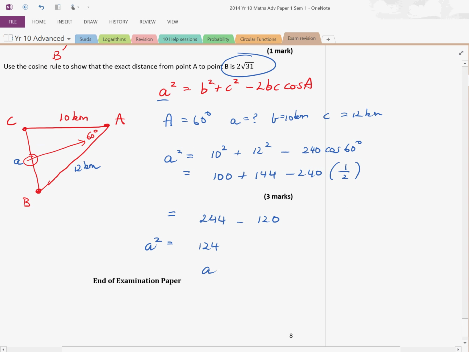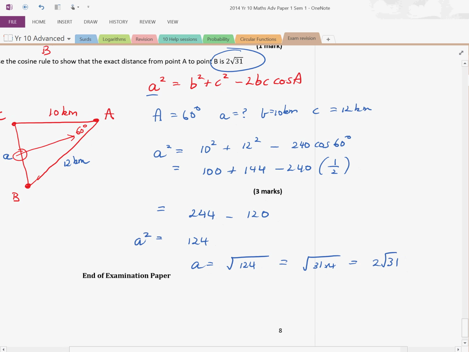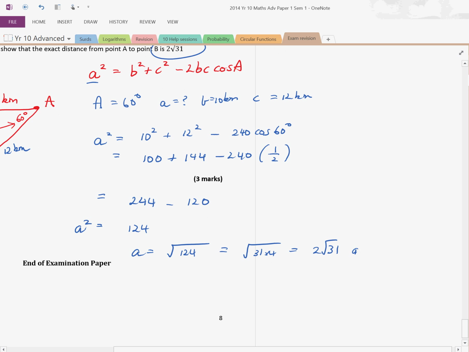We want to say that a is equal to the square root of 124, which, given the fact we've got the answer, it's probably fair to say that 31 times 4 would be 124. Now we could look at the answer and go, all right, there's a big hint. So that is equal to the square root of 31 times 4, which is equal to 2 root 31. And then I'm going to be really smart and write, as required.